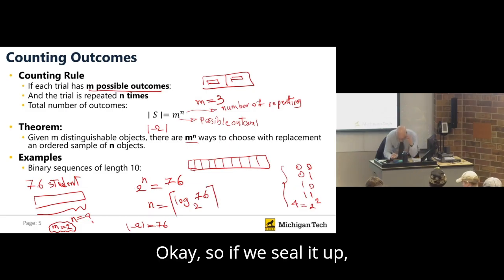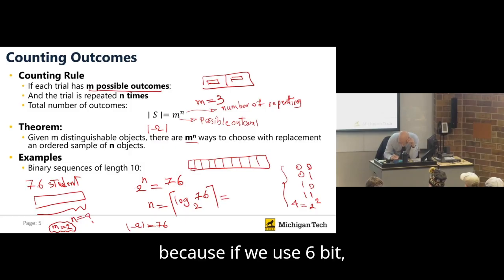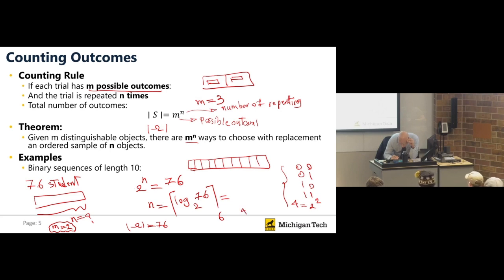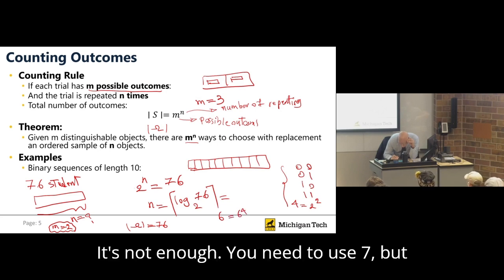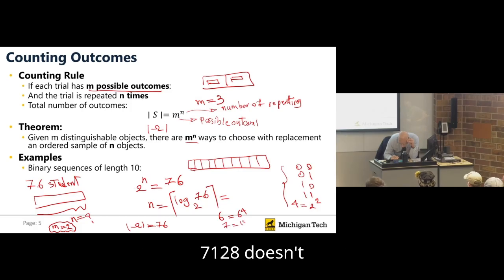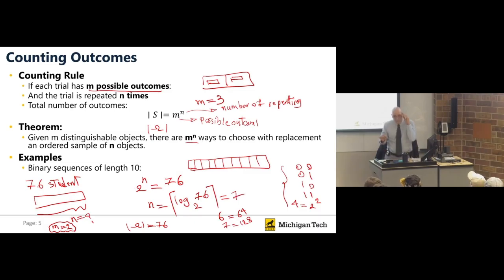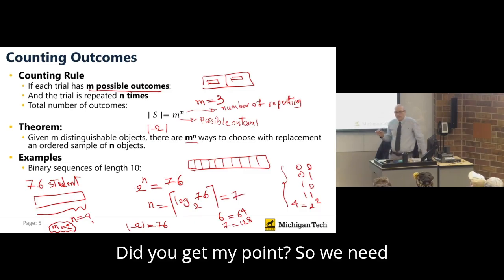If we seal it up, because if we use 6 bits, that's going to be 64, I think. It's not enough. We need to use 7, and 7 bits is 128. It doesn't matter. So this is going to be 7. Did you get my point?